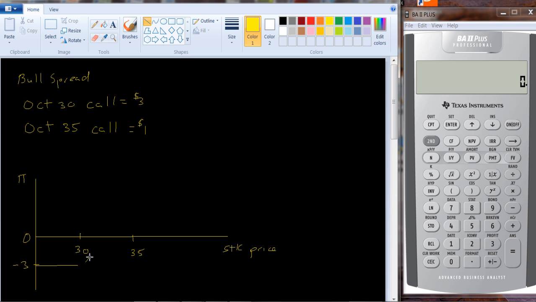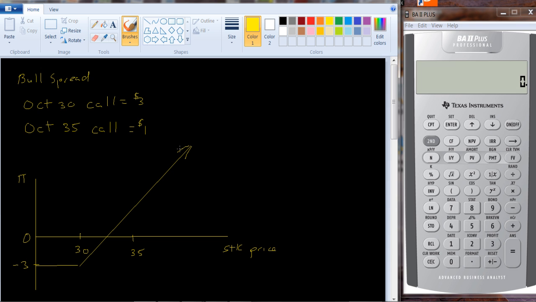It's going to look something like this, this 45-degree line, and it's going to go up. Let me see if I can connect this line with this one. And it looks kind of like a hockey stick. And in fact, I'm going to put an arrow up here to indicate that it just keeps going.